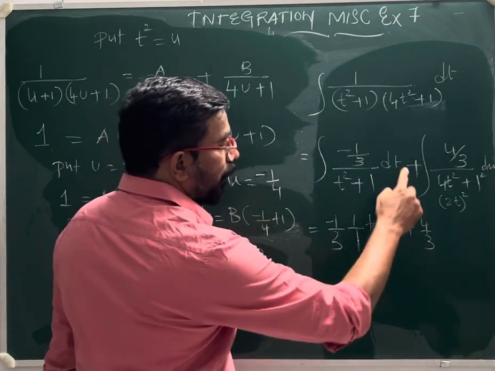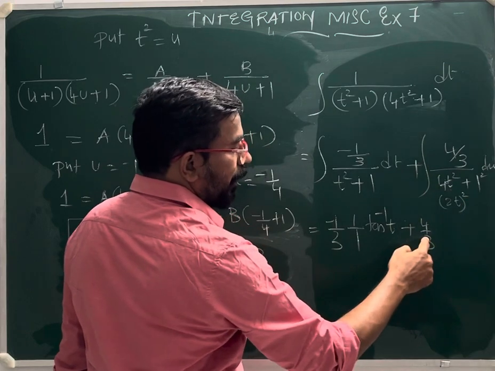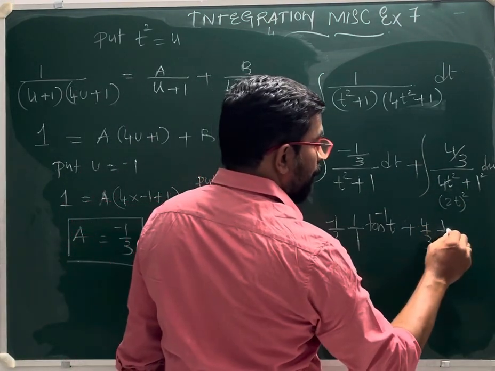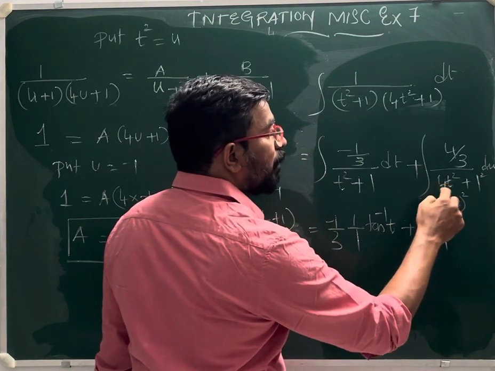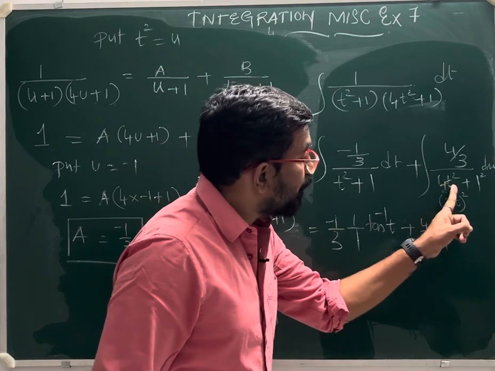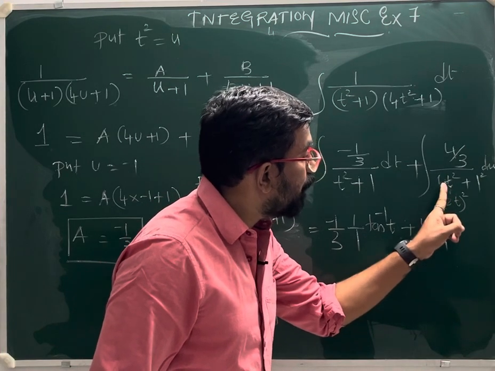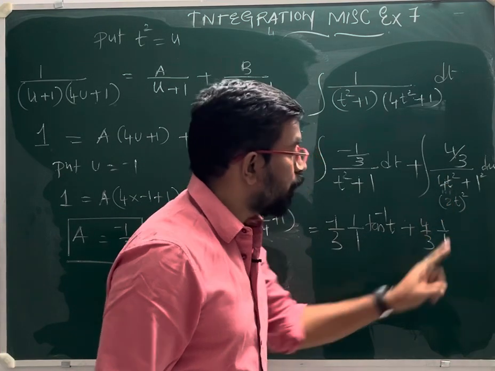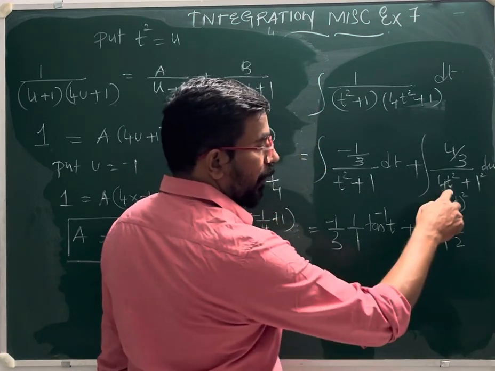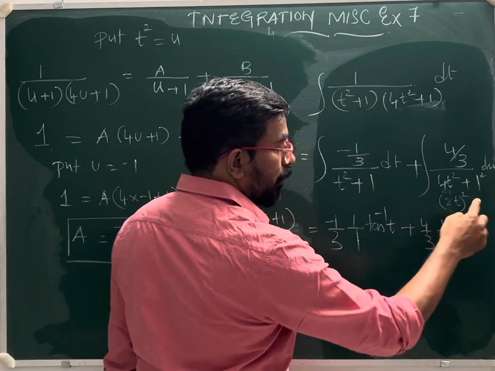And this 4 by 3 is already here in the numerator. So I need to write 1 by a. What is 1 by a? 1 only. Since the coefficient of x, here x is t square, in the place of x, so that is not 1, it is 2. So you need to divide by a 2 here, for 2t whole square plus 1.